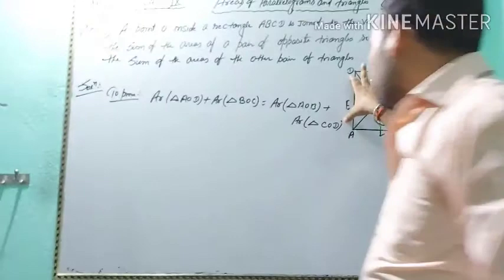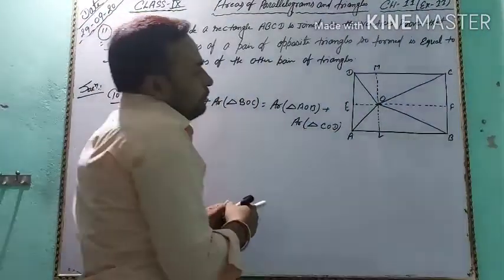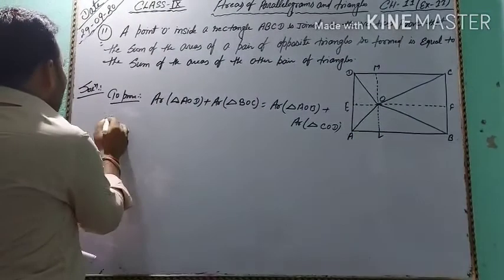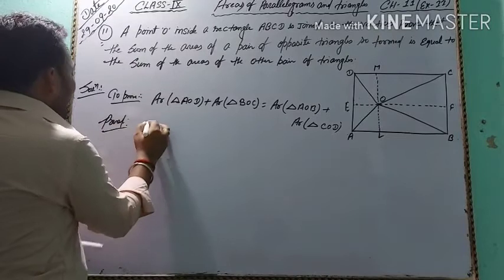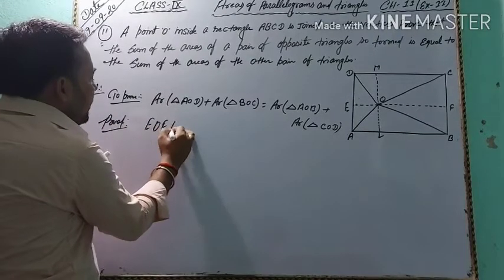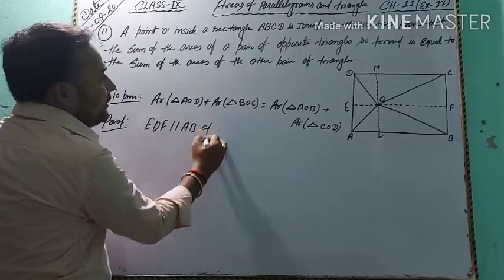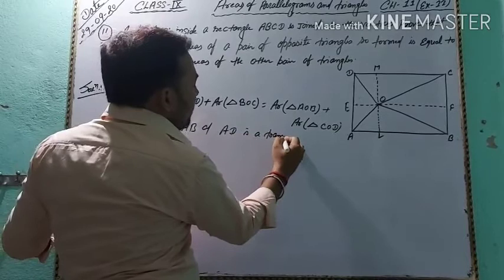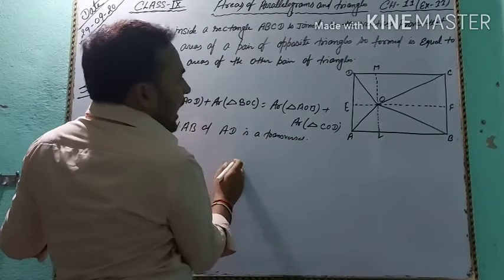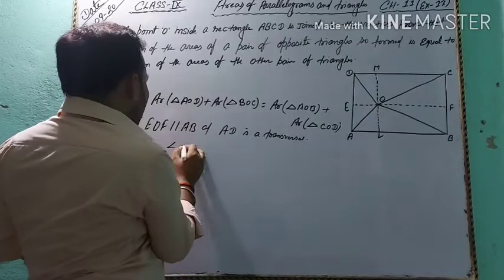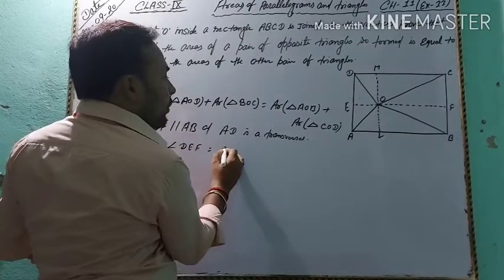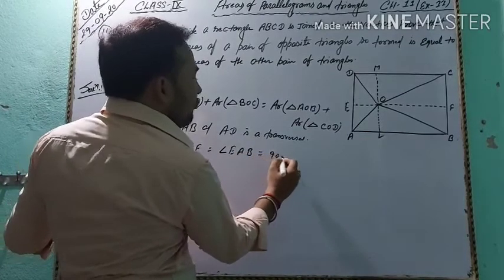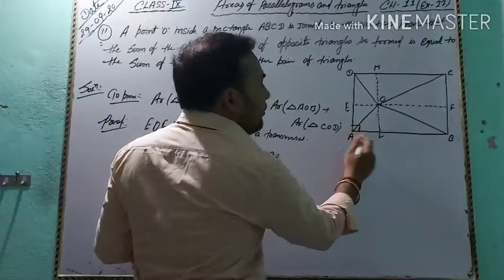Okay students. So in this figure, since EOF is parallel to AB and AD is a transversal, then angle DEF is equal to angle EAB, equal to 90 degrees, because angle A is 90 degrees as ABCD is a rectangle.